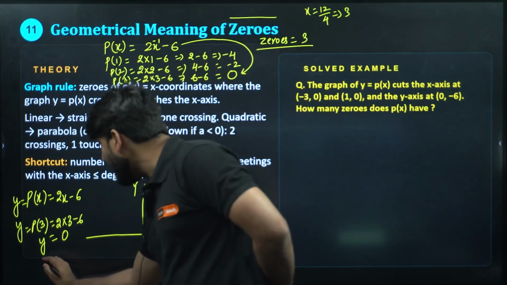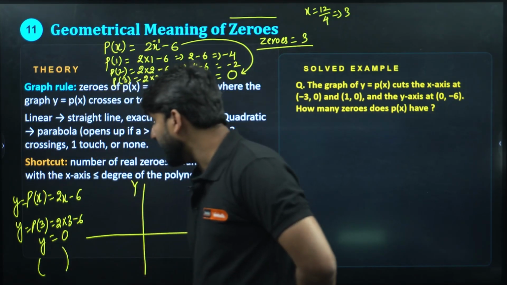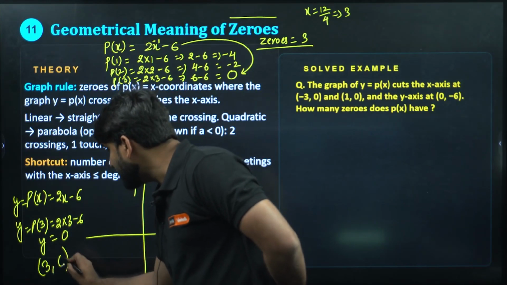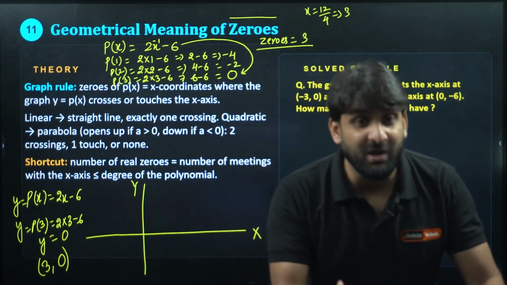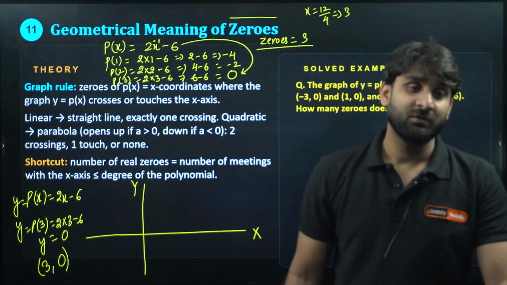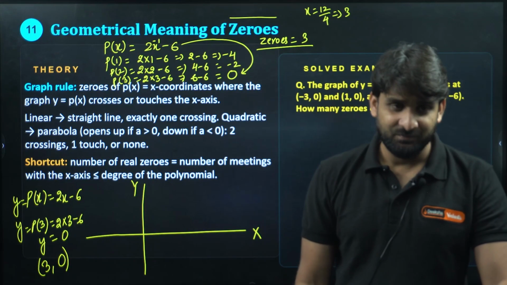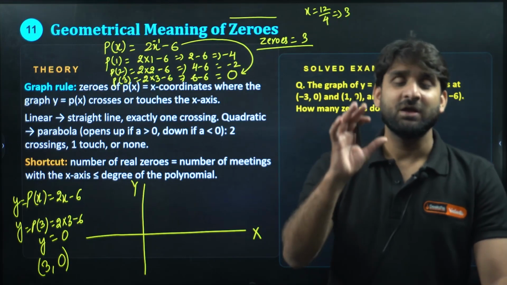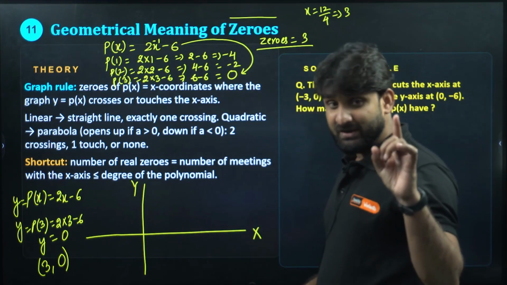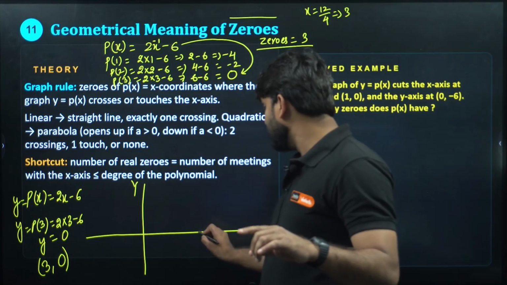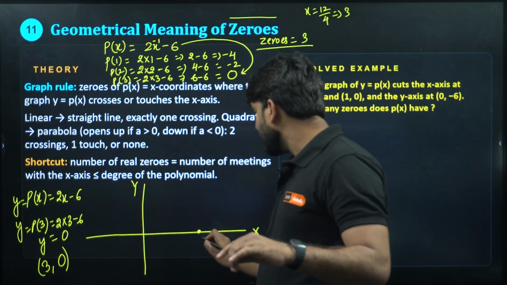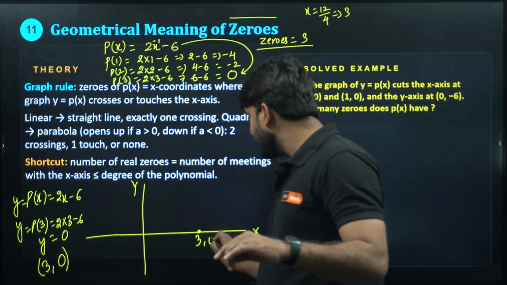So if we write the coordinate, when we are putting x as 3, we get (3, 0), because y, the result of the polynomial, is 0. So when x is 3, y is 0. This will be the point here, (3, 0).